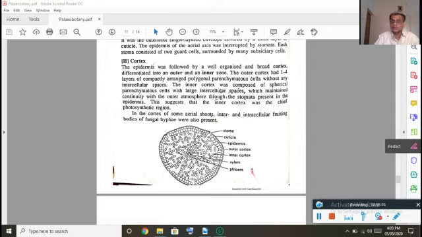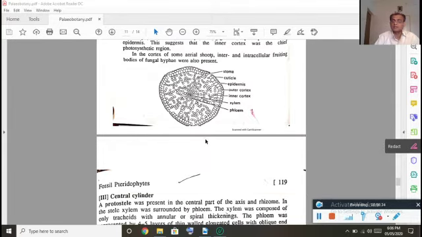Probably they contain chloroplasts also, but in the fossil view it is not clear. The presence of air space, or intercellular space, and the stomata clearly indicates that this is the photosynthetic tissue. Of course, we can divide this cortex into two regions, the outer cortex and the inner cortex.